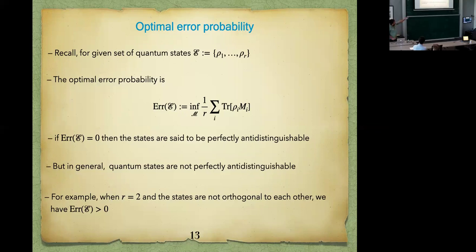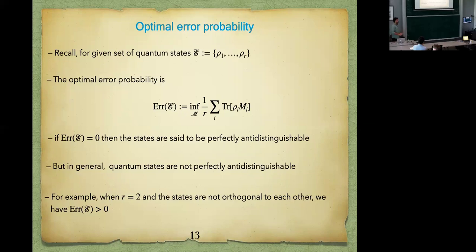If you consider two states that are not orthogonal to each other, then we know they cannot be perfectly distinguished, which also means they cannot be perfectly anti-distinguished, meaning the optimal error is going to be strictly greater than 0. So you're saying if R is greater than 2, there could be a collection rho_1 up to rho_R where the anti-distinguishable and distinguishable problems are not the same. Yeah, of course.